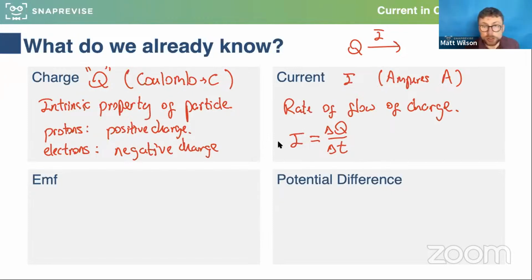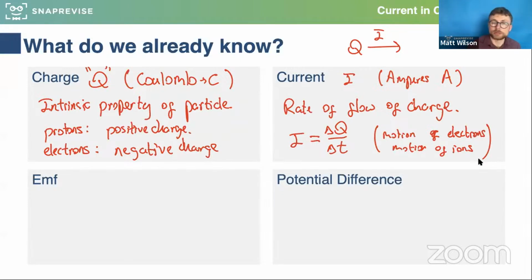Usually the cause of a current is motion of electrons and occasionally motion of other charged particles, so motion of ions.